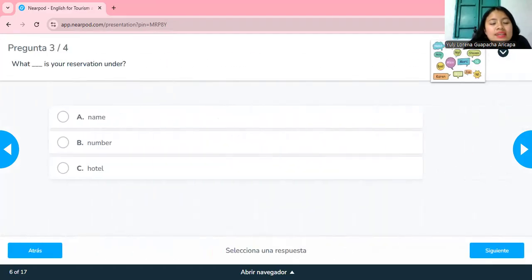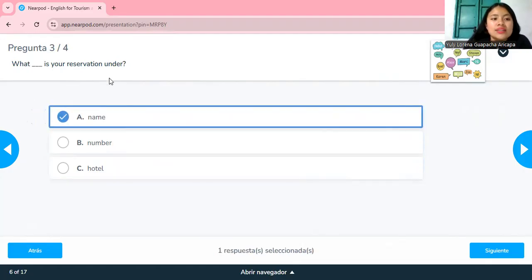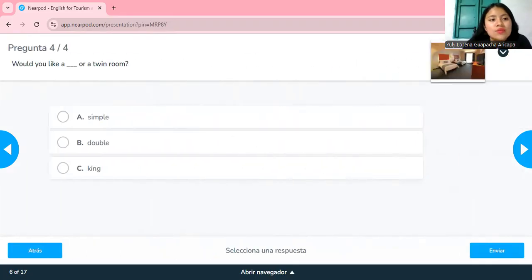Next, we can find the third question. "What ___ is your reservation under?" Option A, name. Option B, number. Option C, hotel. What name? What number? What hotel? I think it is name. What name is your reservation under? And question 4, "Would you like a ___ or a twin room?"